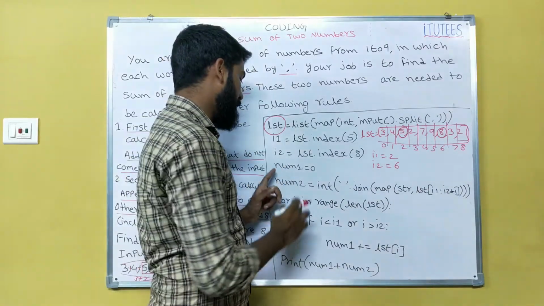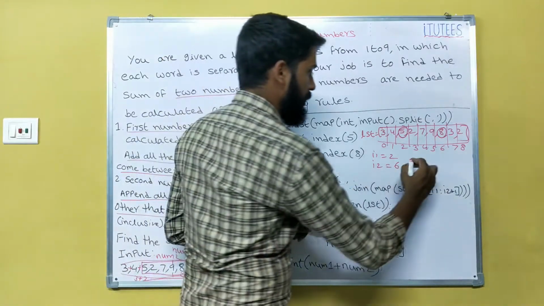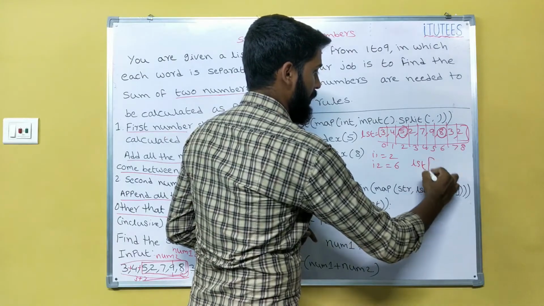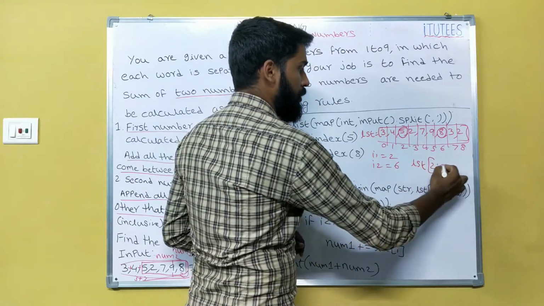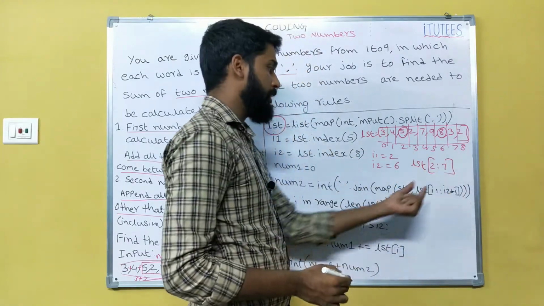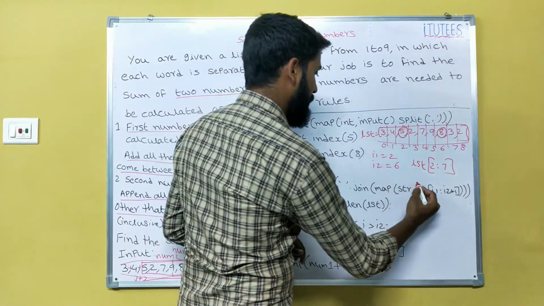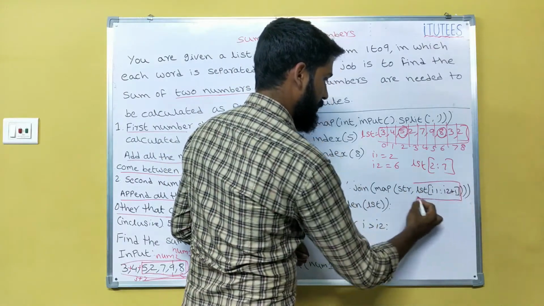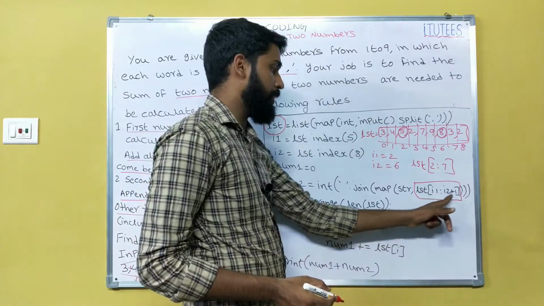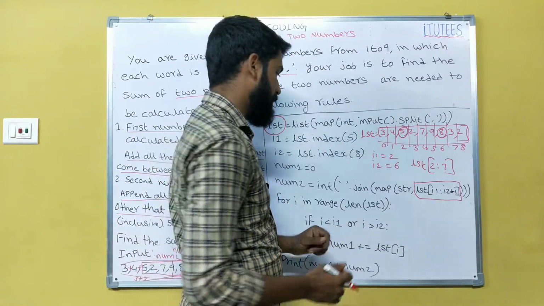What is number 2? Number 2 is the slice of this list from 2 to 7, that is 6 plus 1. So I take number 2 as the list from I1 to I2 plus 1.